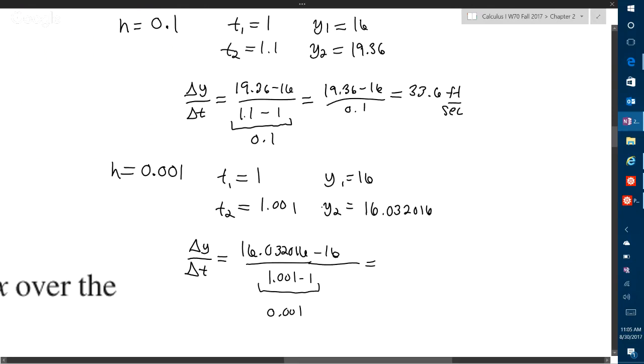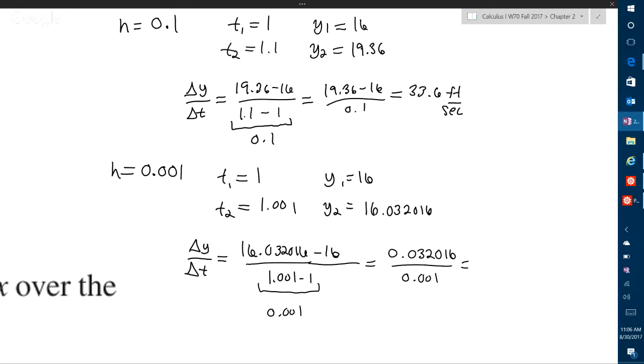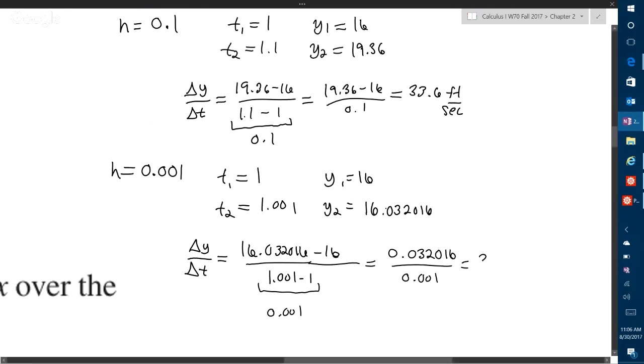On the top, you end up with 0.032016, all divided by 0.001. And you should have ended up with, see what you end up with, 32 point something. 32.016.